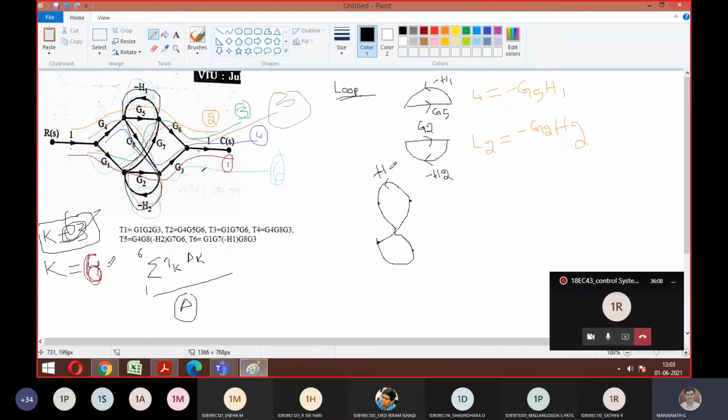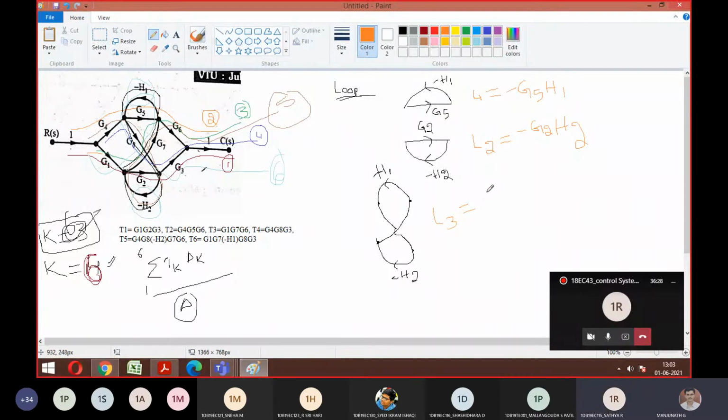So this is my H1 and this is my H2. Corresponding G2 and G1, G5 are there. So this is my L3. Okay, let me write the equation. Then we will go for the L3 equation. Tell me what is the equation for L3, guys?